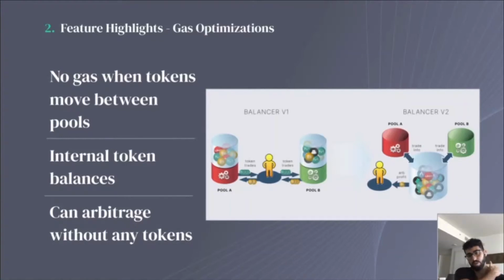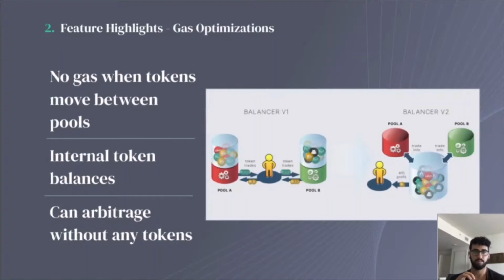So that is a great improvement, but it actually goes further than that, because you can also make trades on Balancer V2 without any on-chain transaction at all, meaning that you don't have to spend any gas at all, because Balancer V2 allows users to hold an internal token balance, kind of like a personal wallet within the vault, within Balancer.